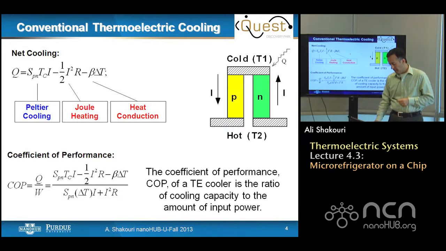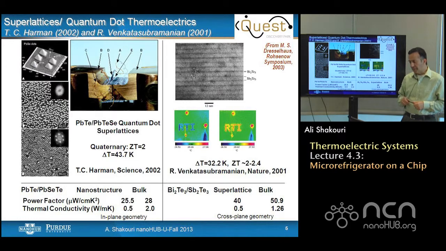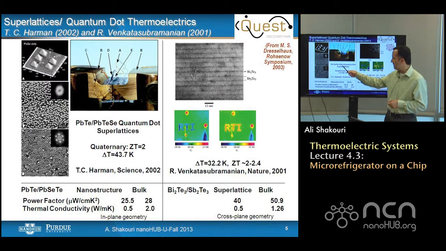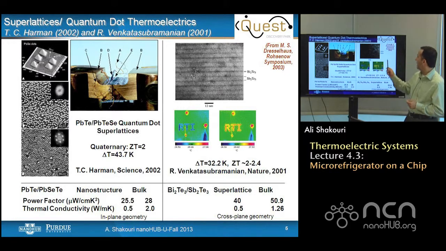About 12, 13 years ago, there was some work on thin film thermoelectrics called superlattices or quantum dot thermoelectrics. One of them was lead telluride selenide quantum dots by Ted Harman's group, with a claimed ZT of 2, in a Science paper in 2002, and then another one from RTI with a ZT of 2 to 2.4 in 2001.